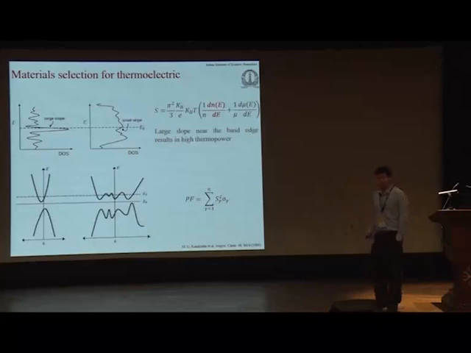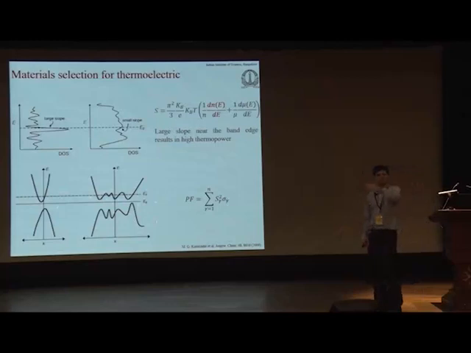Another point is, like I told you, the numerator was the product S squared sigma. You can maximize it if, rather than a single band structure with just one parabola, one conduction band or one valence band, you have a material with a large number of electron or hole pockets, as given here.